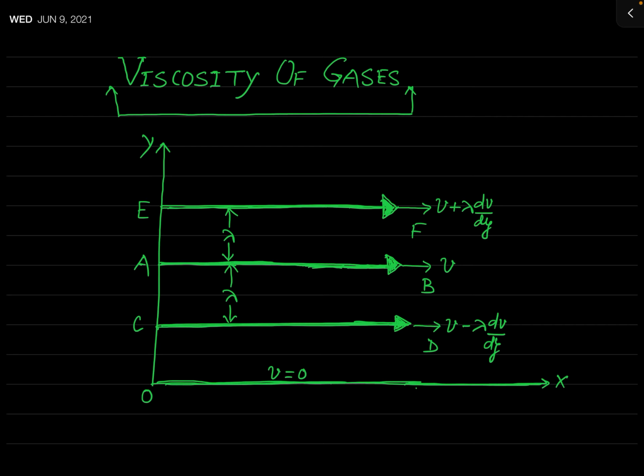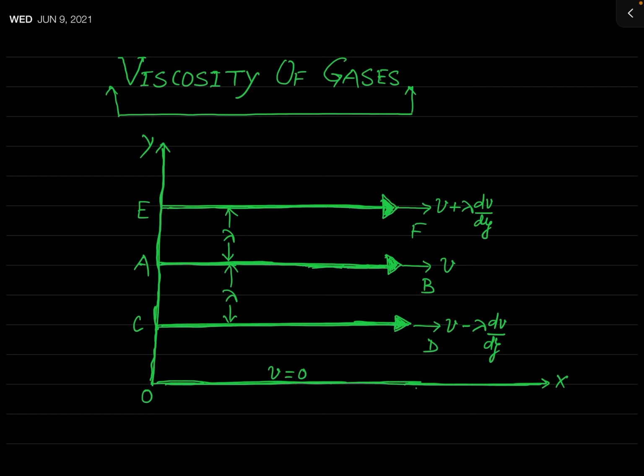At the same time, we also assume that as we move in this direction y, which is perpendicular to this horizontal surface OX, the velocity of the gas increases at a constant rate.